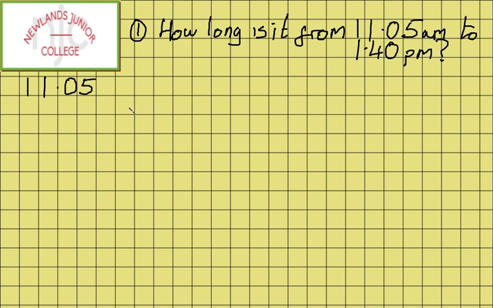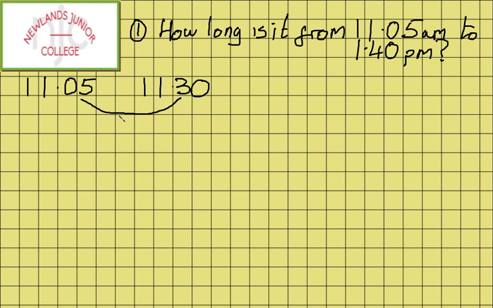So, one good way to start might be to get you from 11:05 to 11:30, because that's a slightly easier time to understand. How many minutes does it take us to get from 11:05 to 11:30?